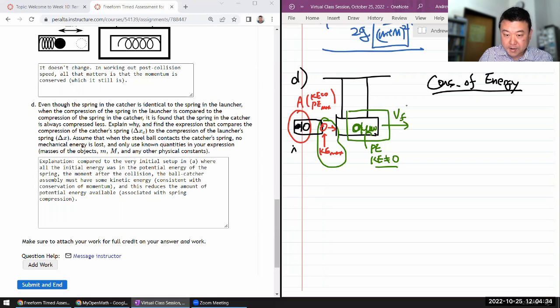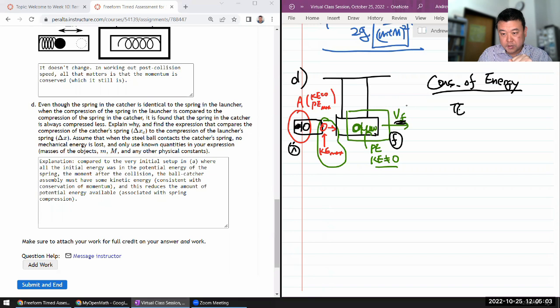This is my very initial, and this is my final. I can skip the in-between step because I already know V final. Otherwise, I would need the in-between step to get some sense of V final, because from initial to final, momentum isn't conserved because of the act of launching.